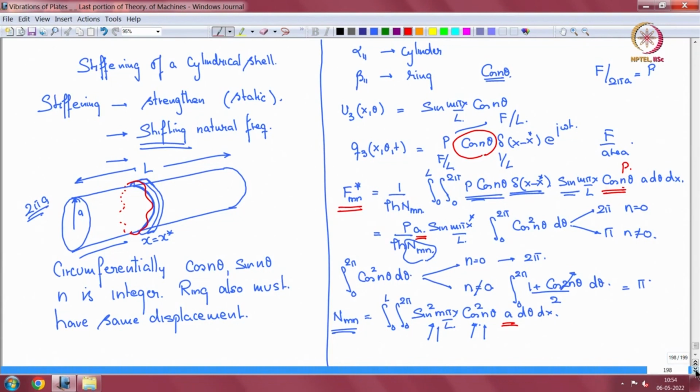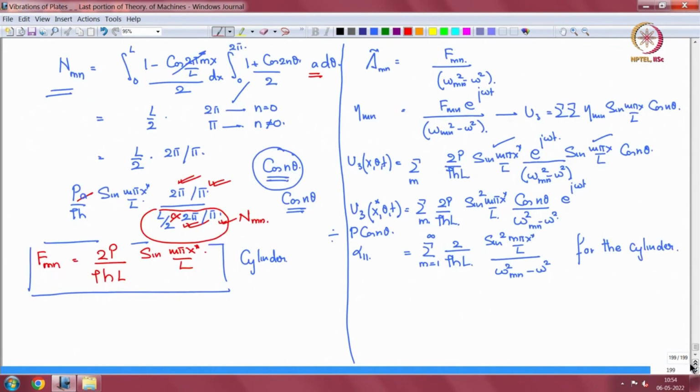Then when we come here, there is no summation over n because p has to be equal to n. I am just explaining why there is no summation over n: fmn is 0 if n is not equal to p, if cos p theta is not equal to cos n theta. So now we have alpha 11 for the cylinder.